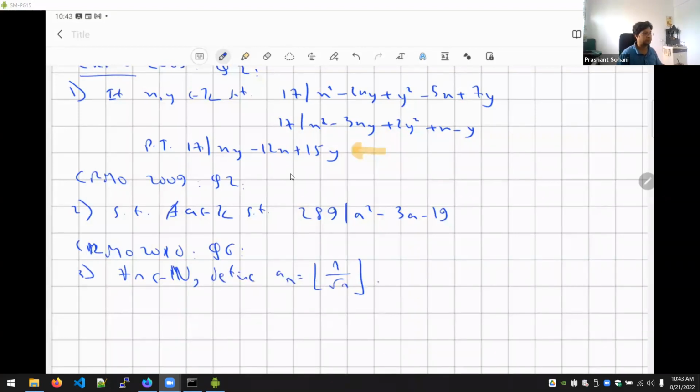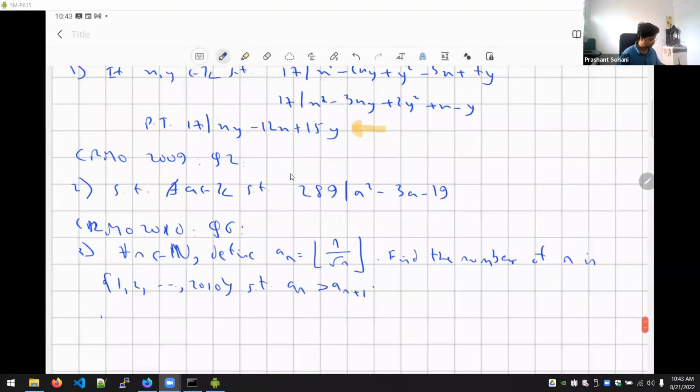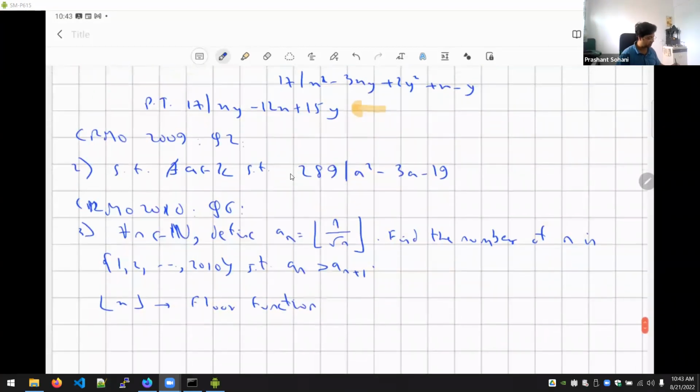I'll explain what the notation means: the floor function, which is basically a round down function.